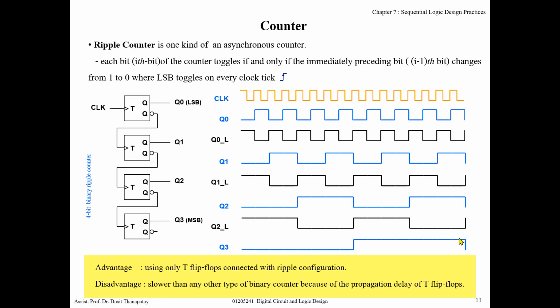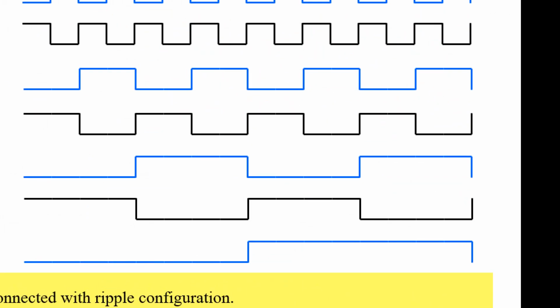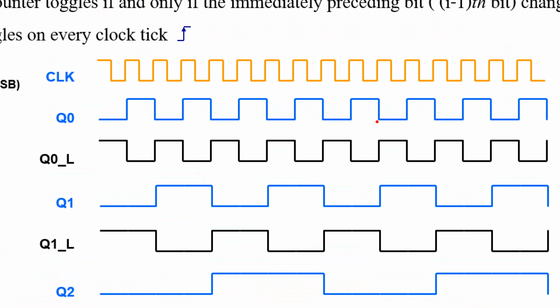Note the frequency of the signal, for the clock. Q0, the frequency is half of the clock frequency, right? Namely, one period of Q0, or LSB, covers 2 periods of the clock.